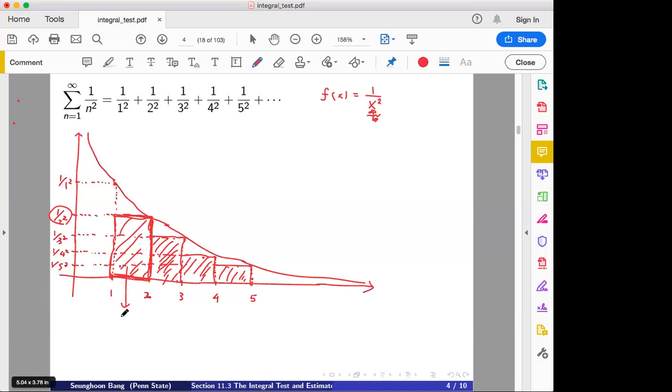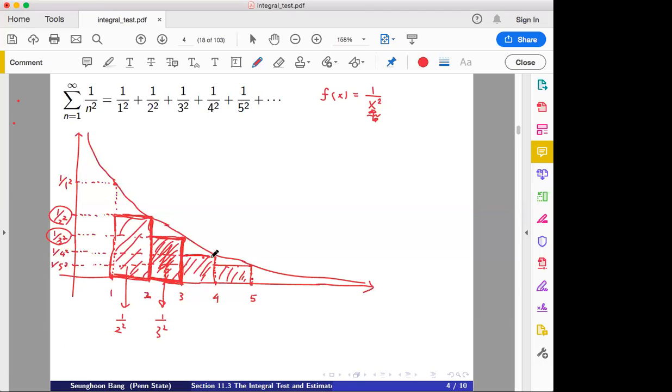So this is 1 times 1 over 2 squared, which is 1 over 2 squared. The next rectangle is the same: 1 times the width, the length is 1 over 3 squared.